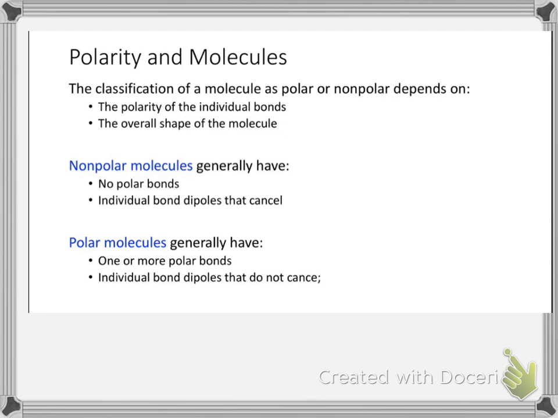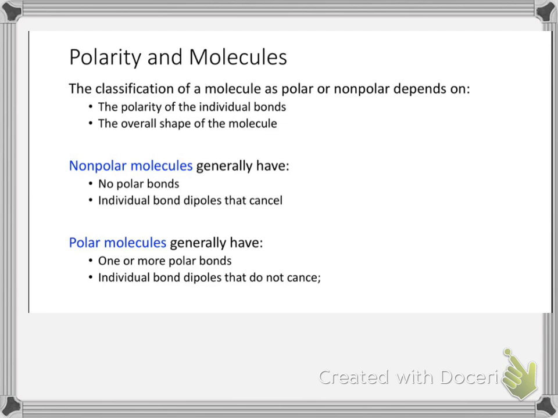How we determined if a bond between two atoms was polar, nonpolar, or ionic was by looking at the difference in the electronegativity values of the two atoms. And remember, electronegativity values are numbers that tell us the attraction that an atom has for electrons in a bond. The higher the value, the greater the attraction that atom has.